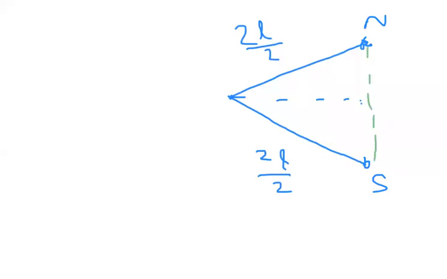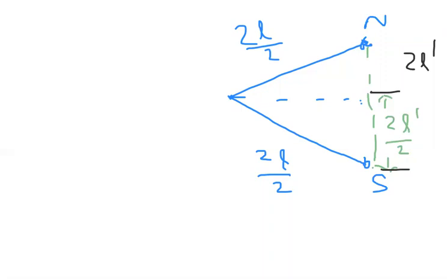I told this total is 2L dash, so only half of it, from here to here, is 2L dash by 2. Because the total new magnetic length is 2L dash, half is 2L dash by 2.